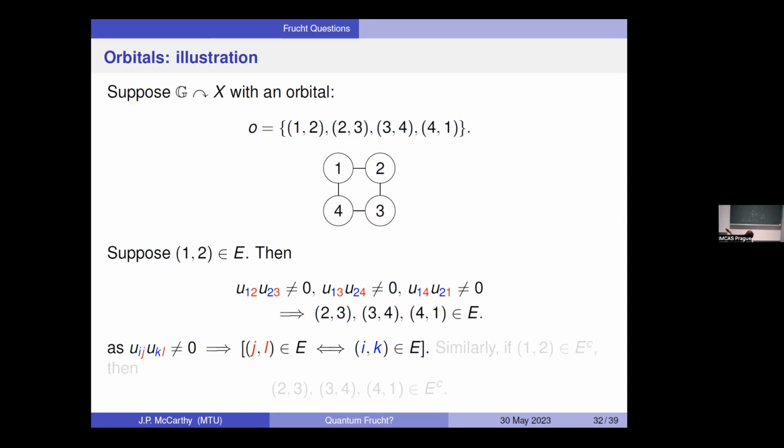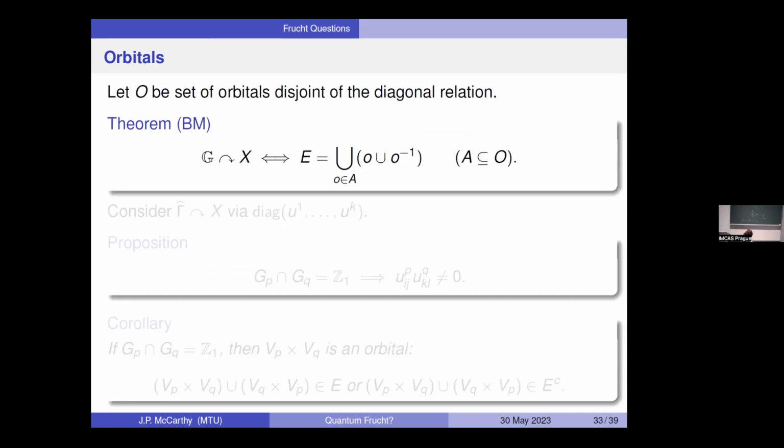So when we look at this graph, if G acts on it, either you have all of these 4 edges or none of them. Okay, and similarly, if 1, 2 is not, that's what we just said. So when a compact quantum group acts on a graph, the edge relation is a union of these orbitals.